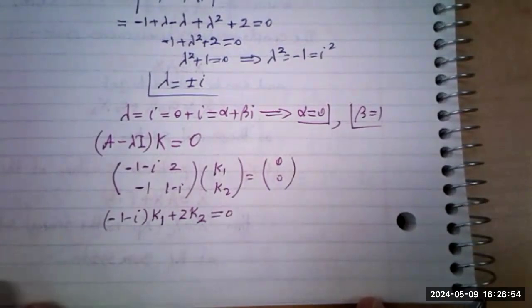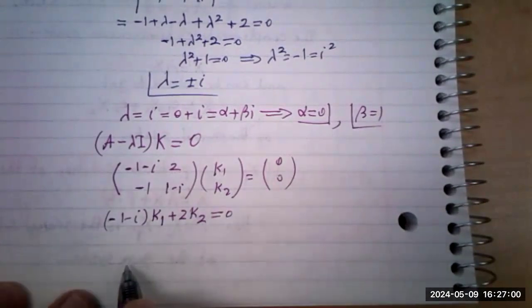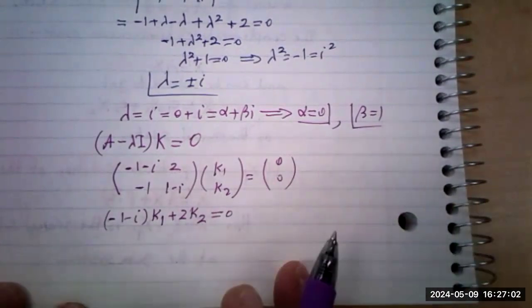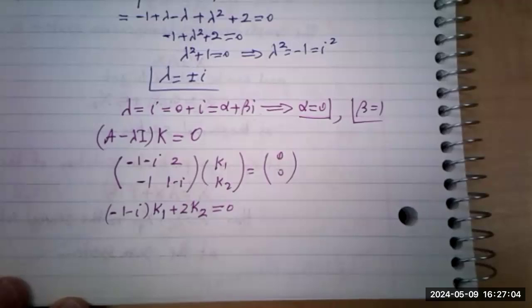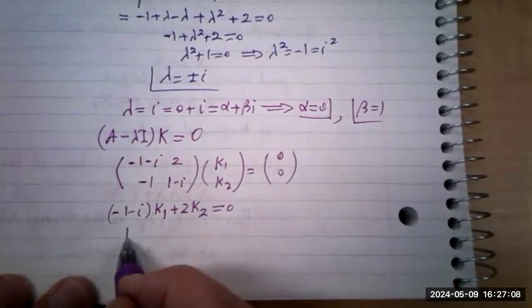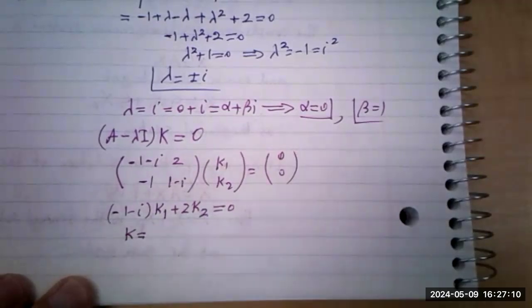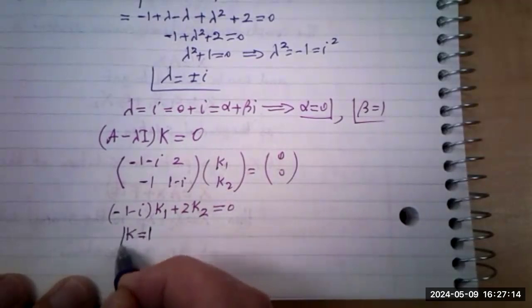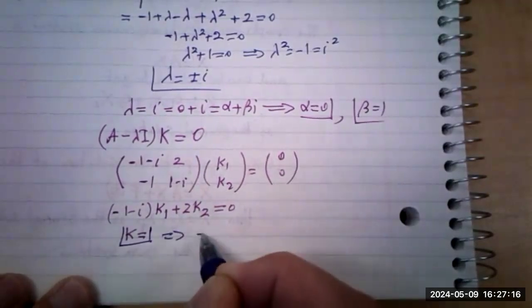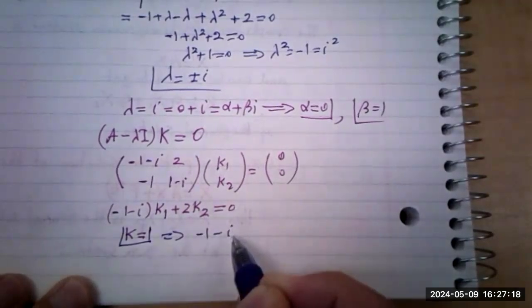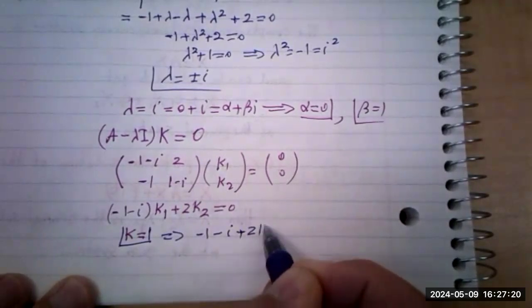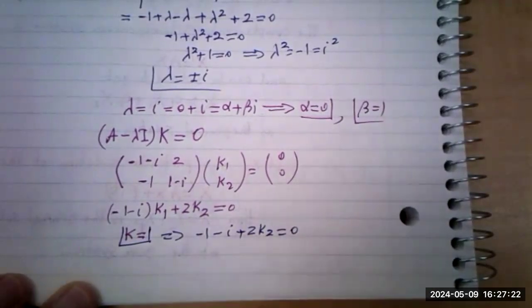Then you can pick a number for one of them and find the other one. It doesn't matter which one you take. If you want to avoid rationalizing, you call K1 equal to 1, for example. Then that gives you -1 minus i plus 2K2 equal to 0.